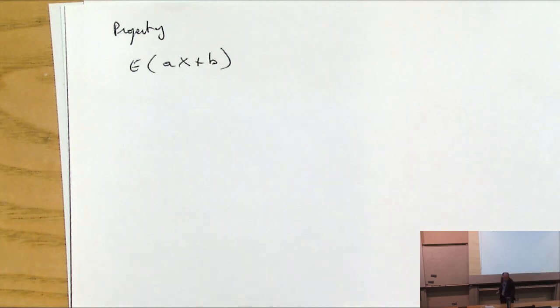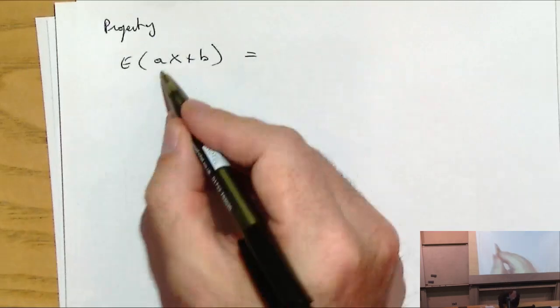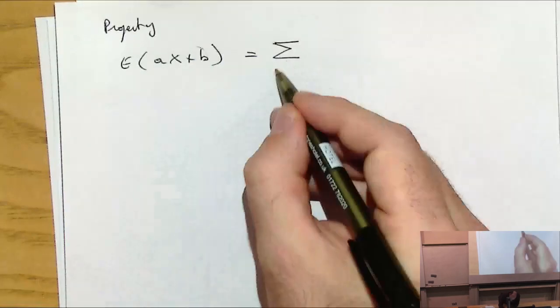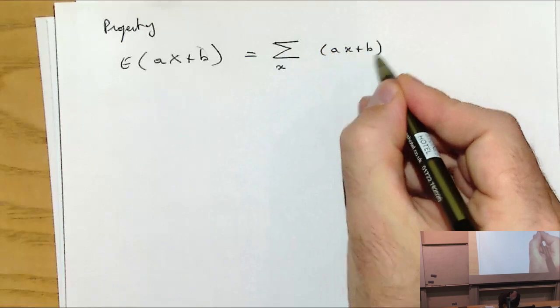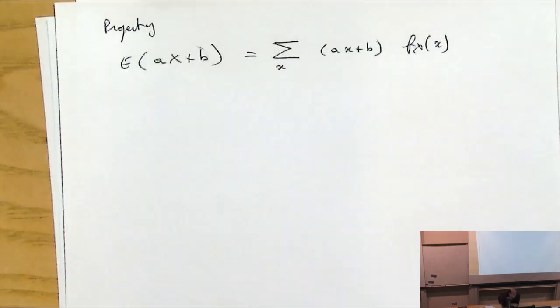So AX plus B is still a random variable, because for each value in the sample space, I can still assign a certain value of AX plus B. So I can write this as a sum over all possible values of X of AX plus B multiplied by the probability mass function.